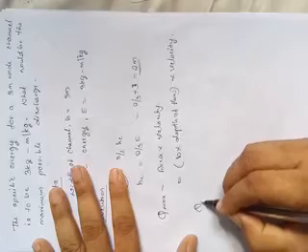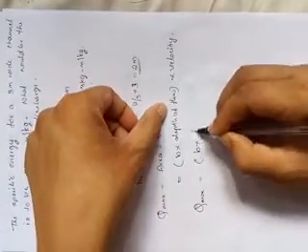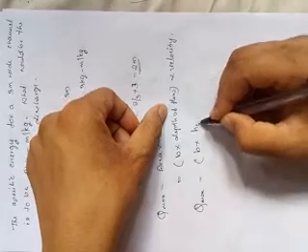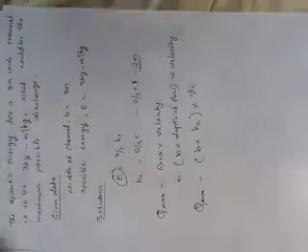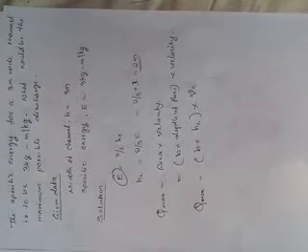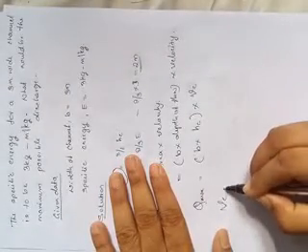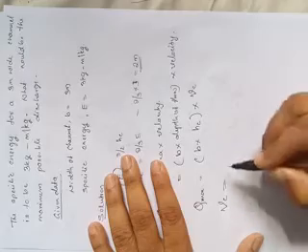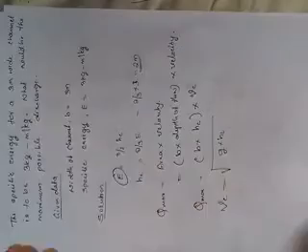So Q max is equal to B into depth of flow, which is critical depth HC, into the velocity at the critical depth, which is critical velocity VC, right? Q max is equal to B into HC into VC. The formula to find out the critical velocity is VC equal to root over G into HC.